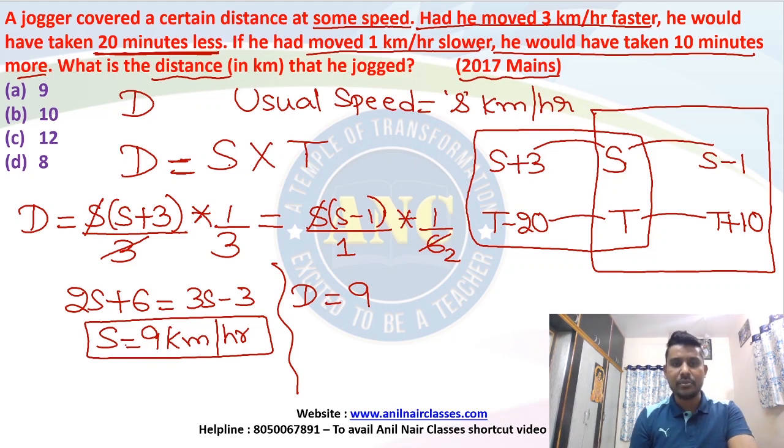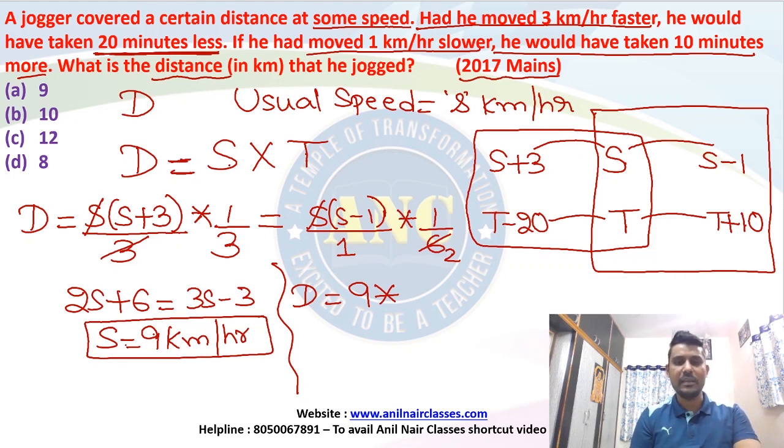Initial speed is 9 kilometers per hour, which we are very clear about. Substitute the 9 here, so you will get 9 plus 3 is 12. 12 divided by 3 is 4.